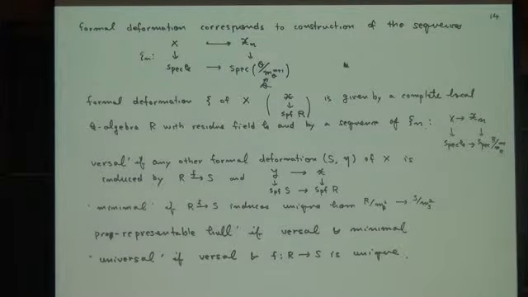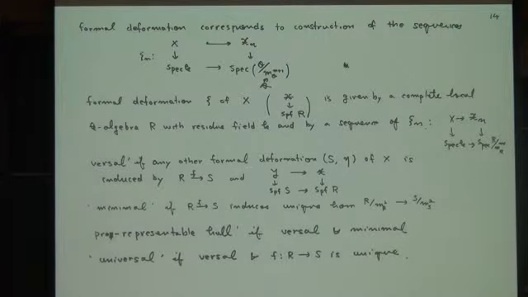So when we try to construct the deformation space, we first try to construct the formal deformations. Formal deformation corresponds to the construction of a sequence over the Artinian local rings. So this formal deformation is given by a complete local K-algebra R with residue field K, and by a sequence of these over the family of Artinian local rings. And then this formal deformation is called versal.